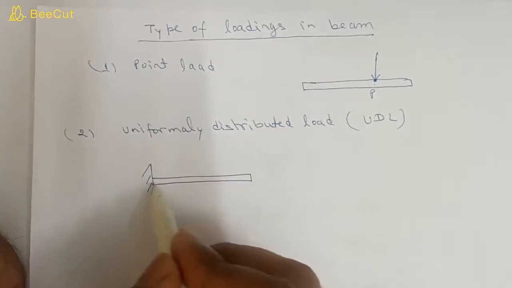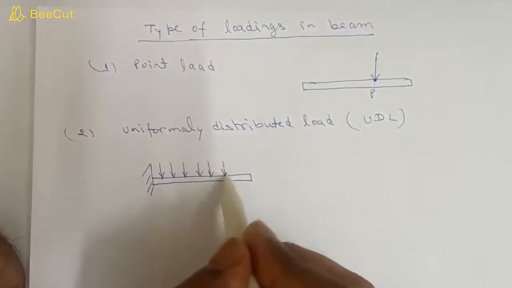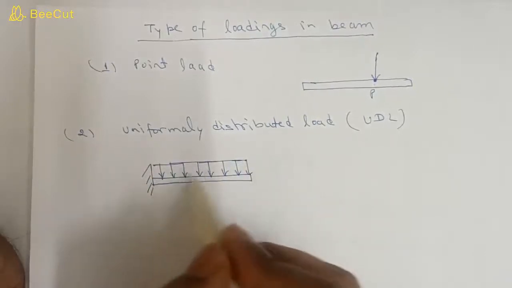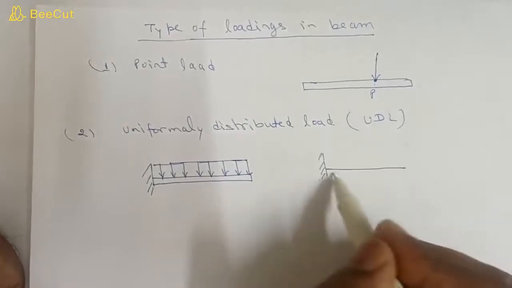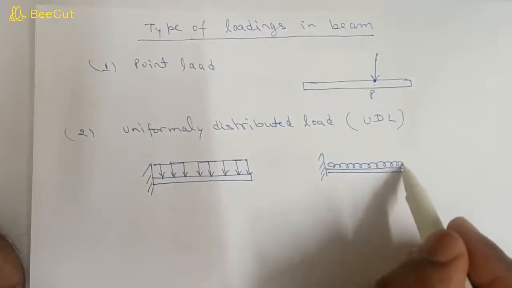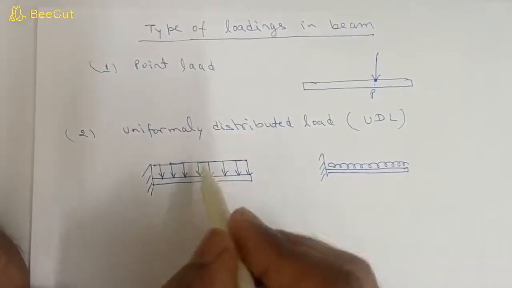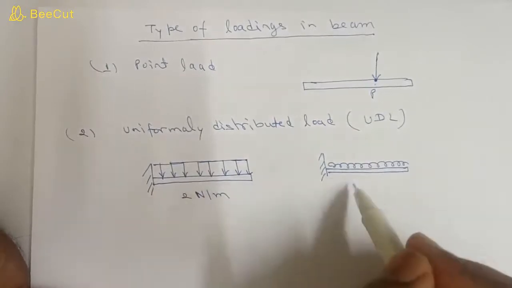This is the beam. If the loading is given like that, then we can say that it is a UDL, or it can also be given like this. And it will be given that the loading is like 2 Newton per meter.